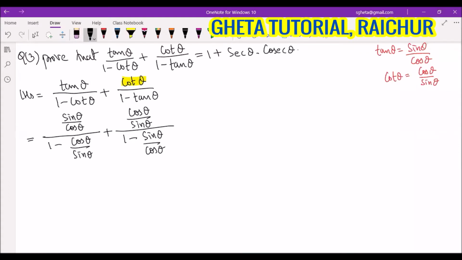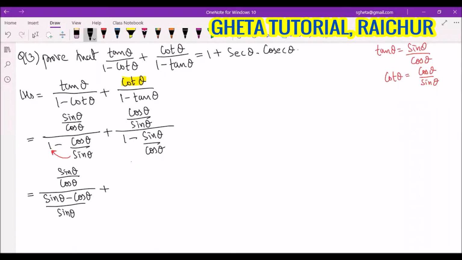So the numerator is as it is, that is sin theta by cos theta, we have to keep as it is. Whole divided by, in the denominator you should take the LCM. So this sin theta will be the LCM and then you should multiply here. That I can write as 1 into sin theta, sin theta minus cos theta, and the denominator sin theta as it is.